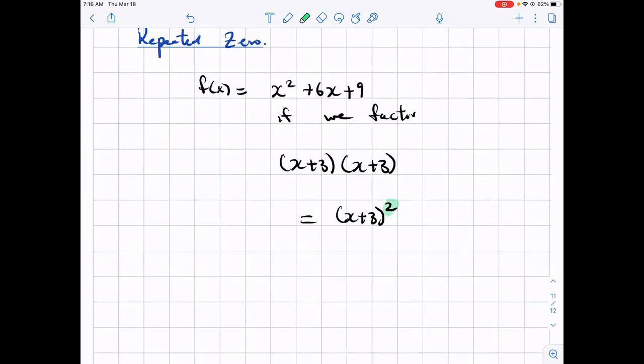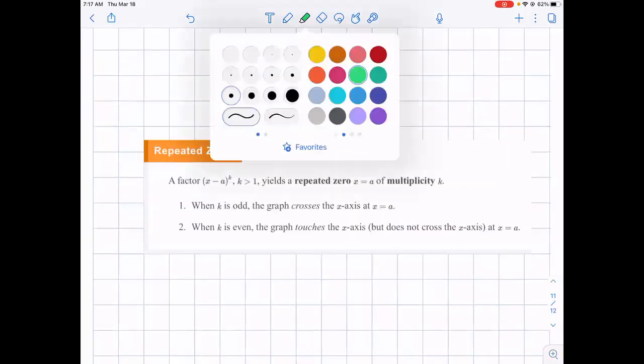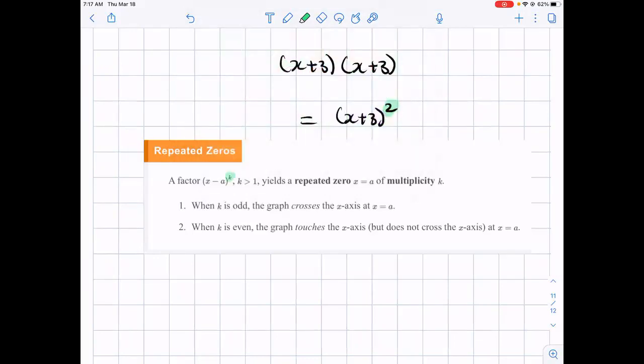Notice here that k in my example is equal to 2. So when k is odd, the graph crosses the x-axis. When k is even, the graph touches but does not cross. Those are things we'll be looking at.